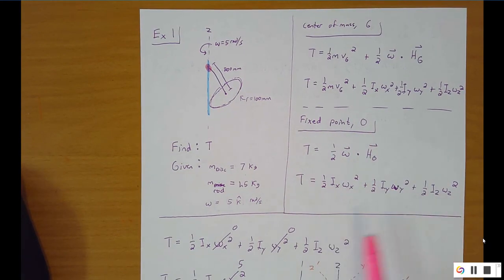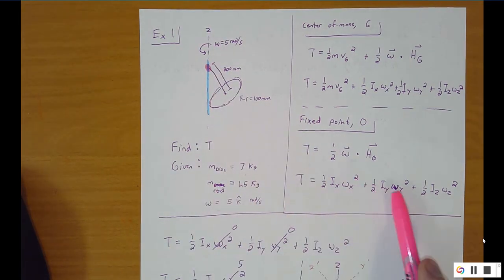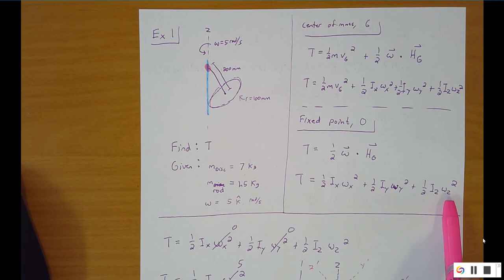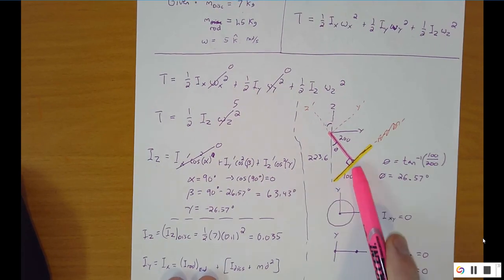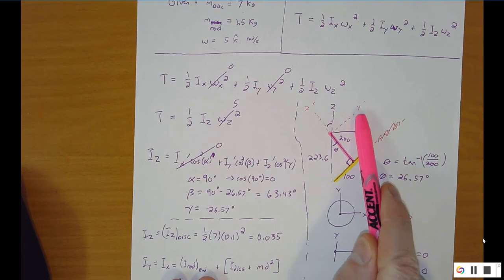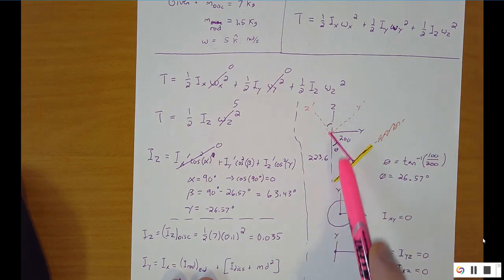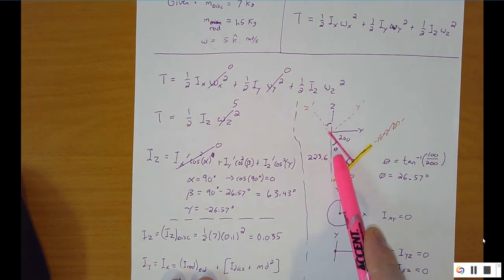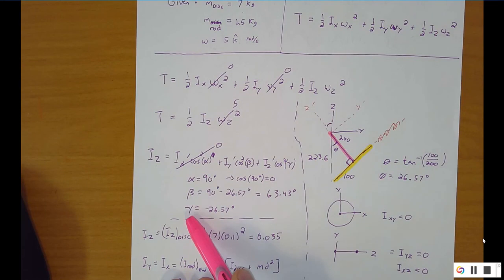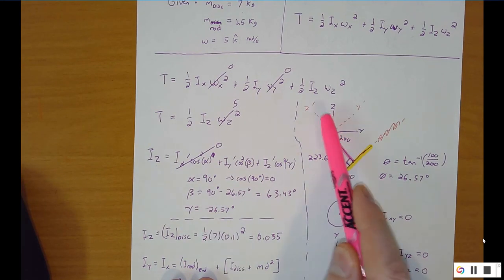Because we have everything about the z-axis, this term goes away and this term goes away, and we're left with just this. However, to find the mass moment of inertia about this axis, we ended up making a translated coordinate system, so z prime and y prime, with x still being out of the page. I did some trig to find the angle between the things so that we could find alpha, beta, gamma to this z-axis from our z prime, from our y prime, and from our x prime.